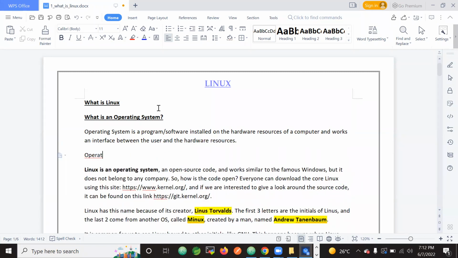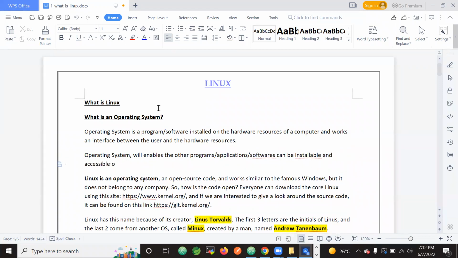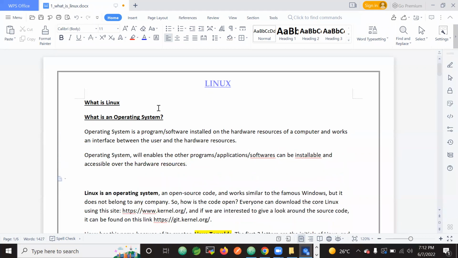Right? So the operating system enables other programs, applications or softwares to be installable and accessible over the hardware resources of the machine.